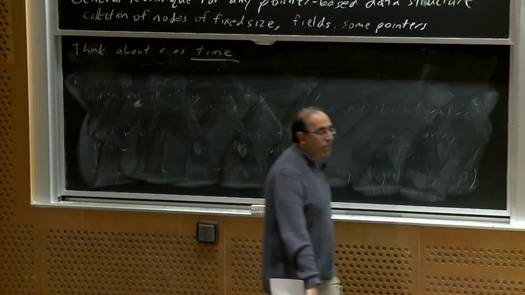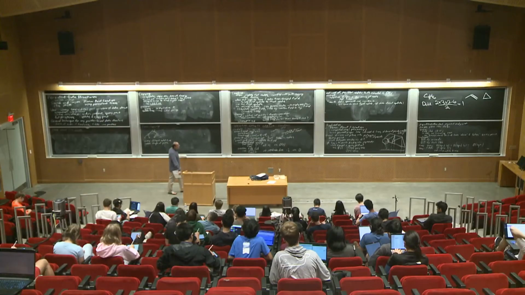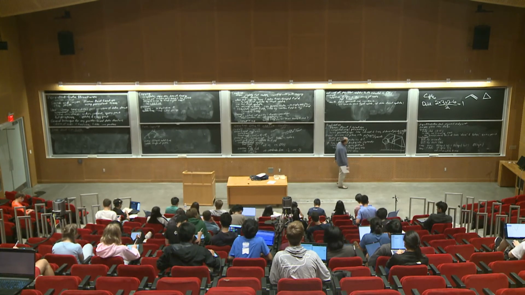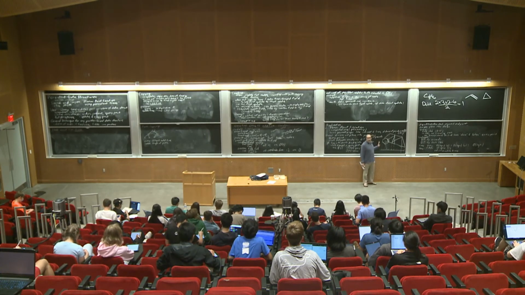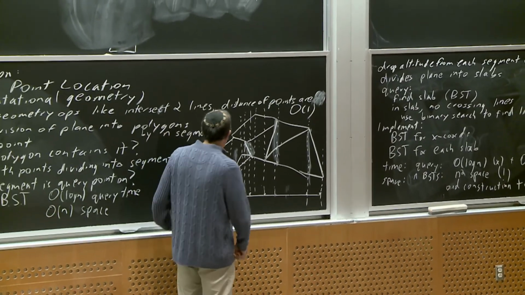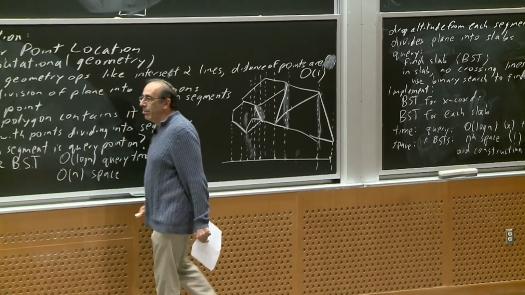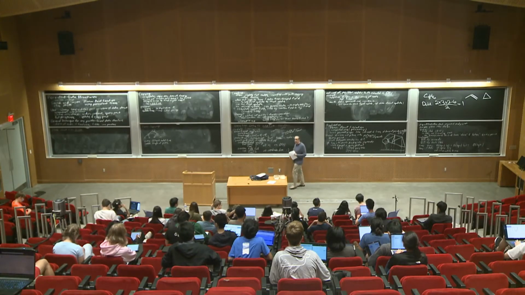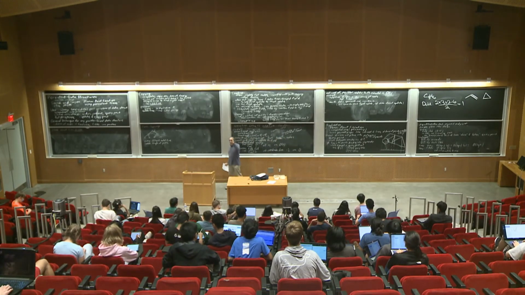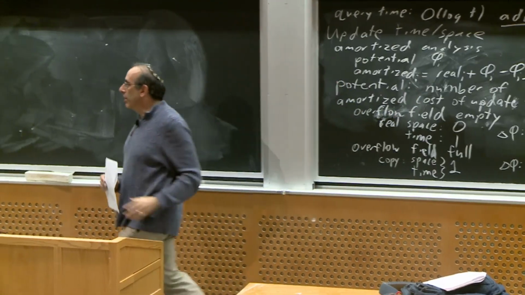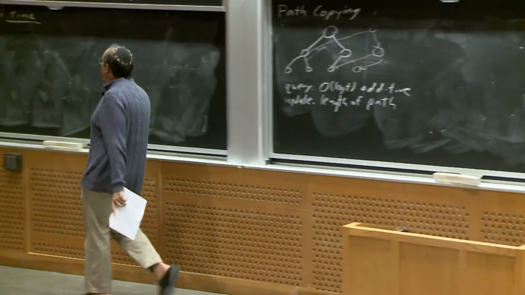So instead of saying that we are living in a two-dimensional world and answering queries about locations of points in this two-dimensional world, I'm going to imagine that we are actually one-dimensional creatures living in time. So at a particular moment in time, our world is a vertical line. And that vertical line has segments going through it, but all we see are the points on that vertical line. And as time evolves, our vertical line moves horizontally.